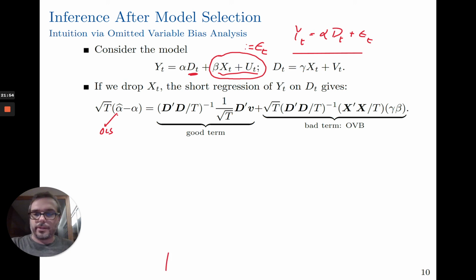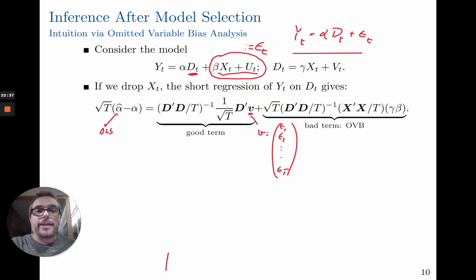So let me say that this v here is exactly the epsilons stacked. Different letter, but I started with a different letter here, so let's keep a different letter here. So this is kind of the good term. That's what we get from OLS, right? During the live session, if you have doubts on that, I can go through the derivation of this term. So this is the good term.